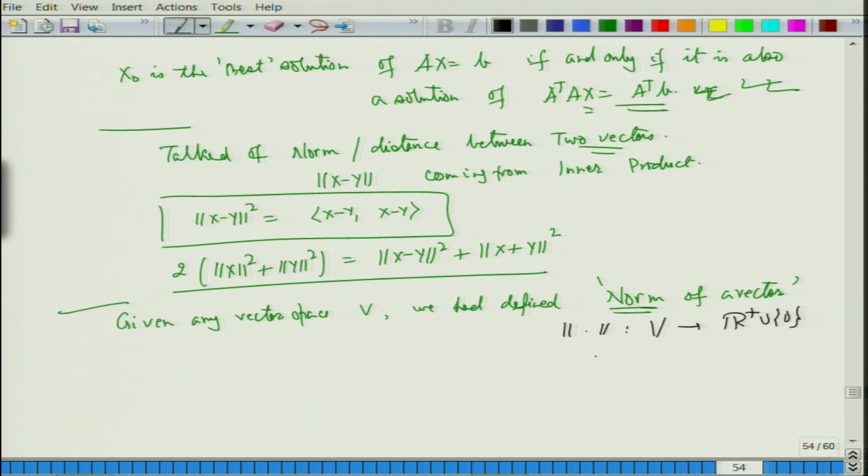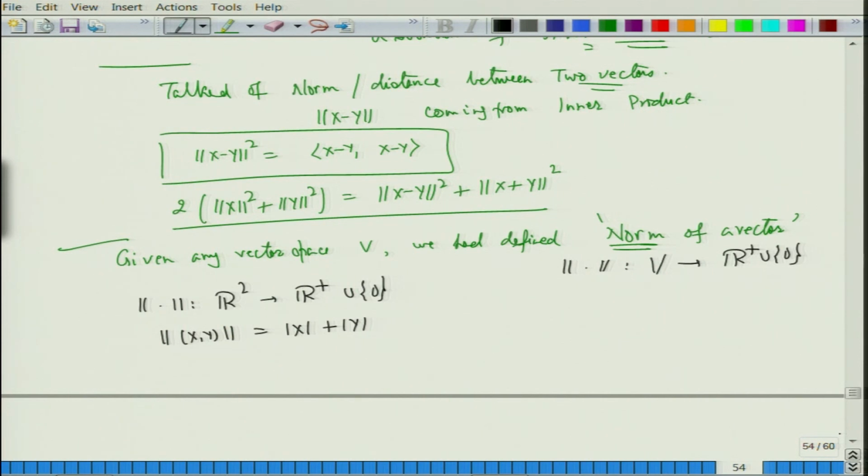Let me take an example. I want to define a function from R2 to R plus union 0, by taking any vector (x, y) and defining its norm to be equal to absolute value of x plus absolute value of y. All right, I define it this way.